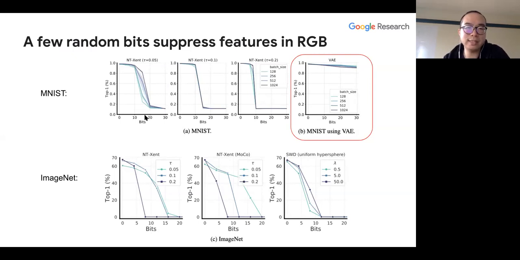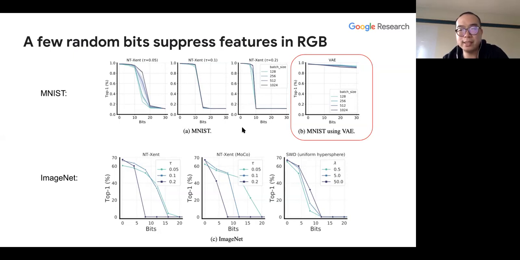So it turned out you don't need a lot of bits. We test on MNIST, CIFAR10, and ImageNet. What you can see is that no matter how you tune the hyperparameters, especially the temperature, and also change the methods, like using SimCLR or MoCo with bigger negative examples, and also some other batch statistic based contrastive losses, it takes less than 20 bits to completely disable contrastive learning.